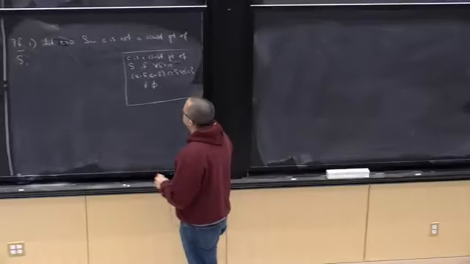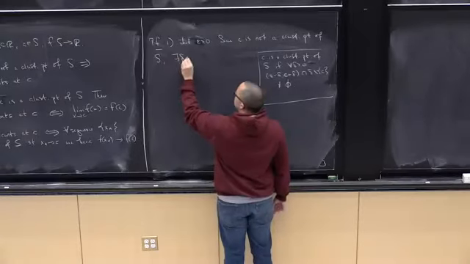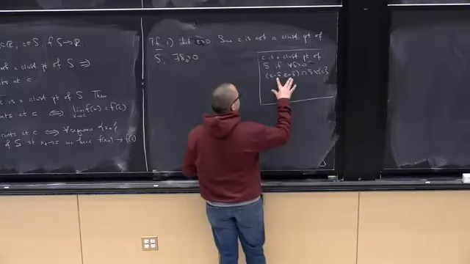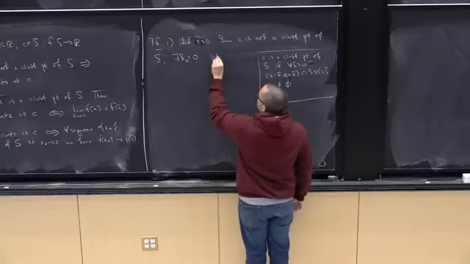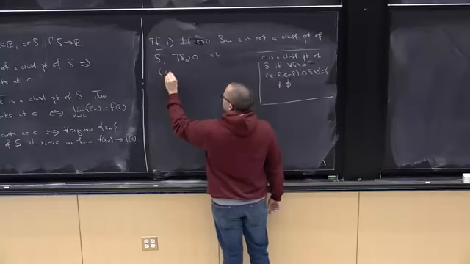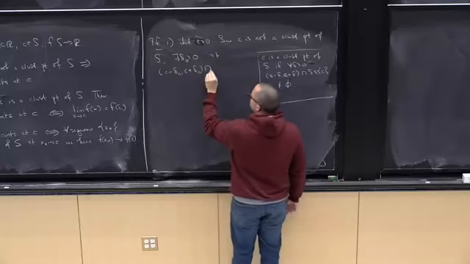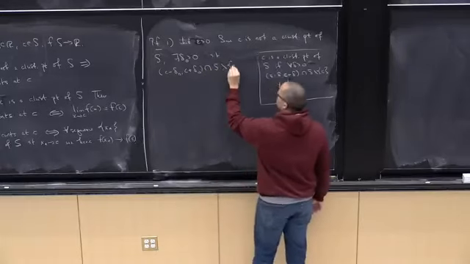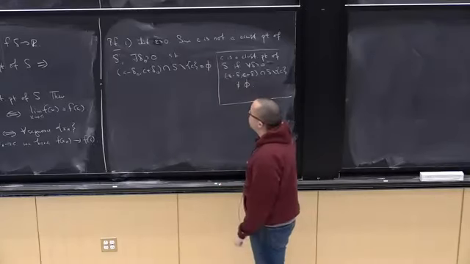So, since C is not a cluster point, that means there exists some delta 0 so that this interval is disjoint from S take away C, such that (C minus delta 0, C plus delta 0) intersect S take away C equals the empty set.